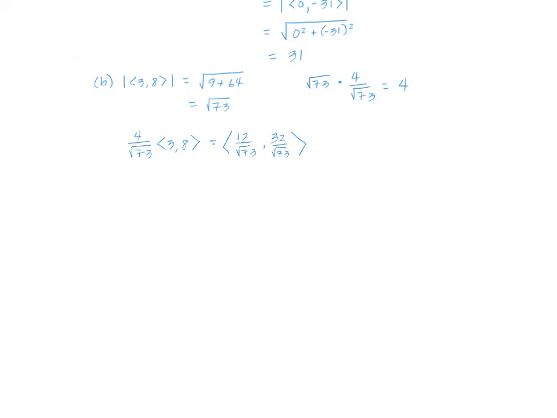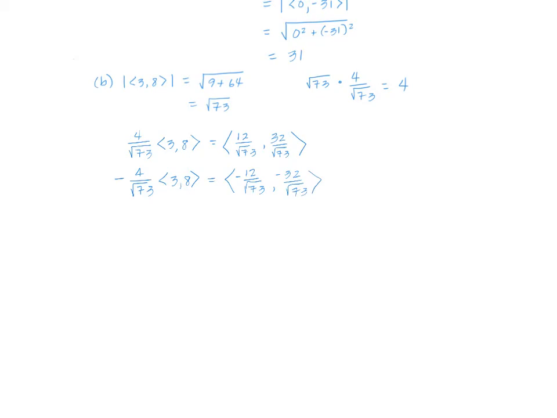They're just scalar multiples. So another vector would be the negative of 4 over the square root of 73 times my vector 3, 8. Which I could leave like that, or I could multiply it through and write it as negative 12 over the square root of 73, negative 32 over the square root of 73. It doesn't matter.